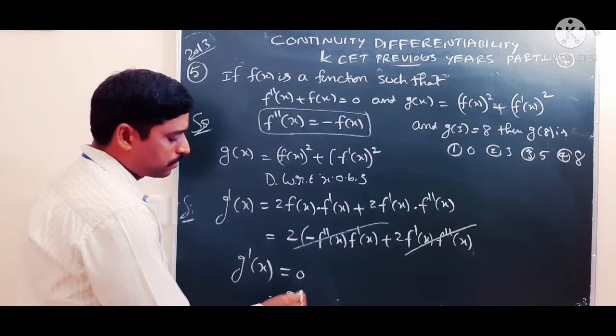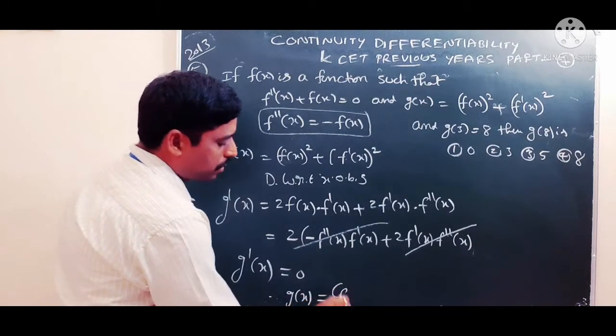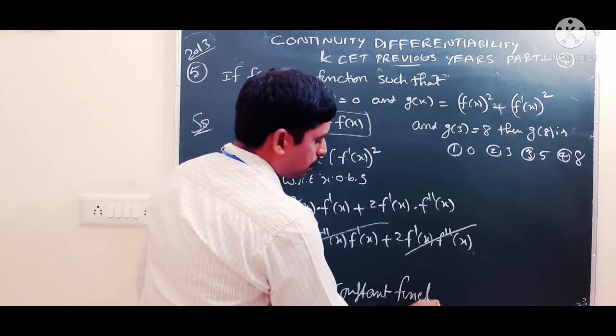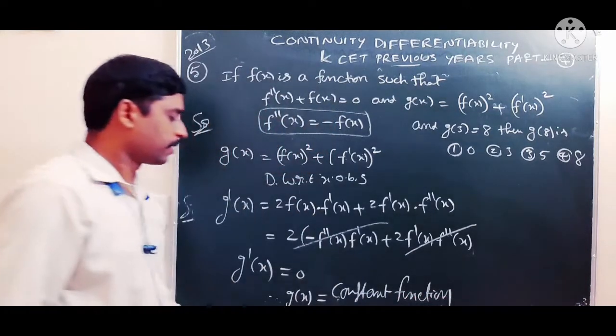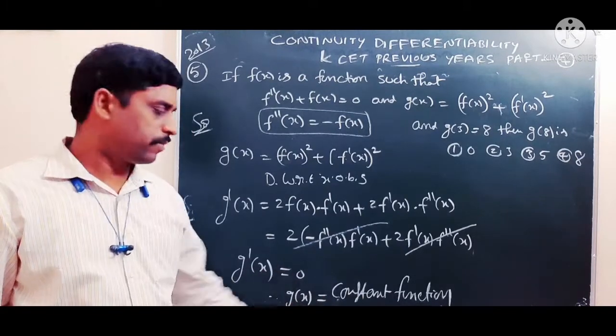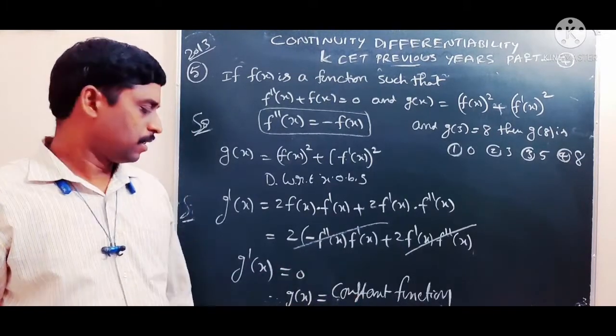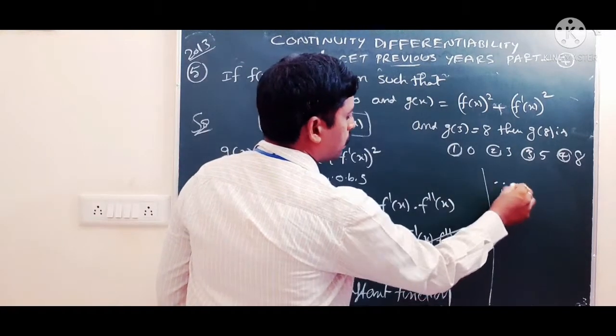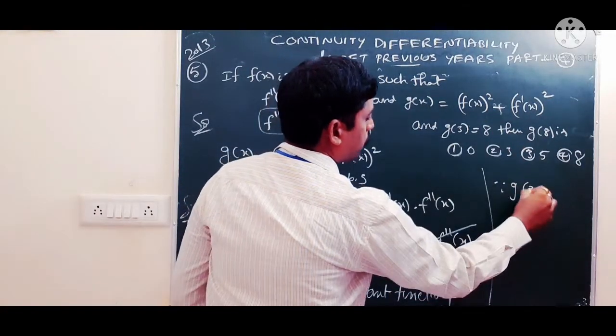Therefore g of x must be a constant function. Why? Because if g of x is a constant function, then g dash x is equal to 0, as the derivative of a constant is 0. What is given? g of 3 is equal to 8.